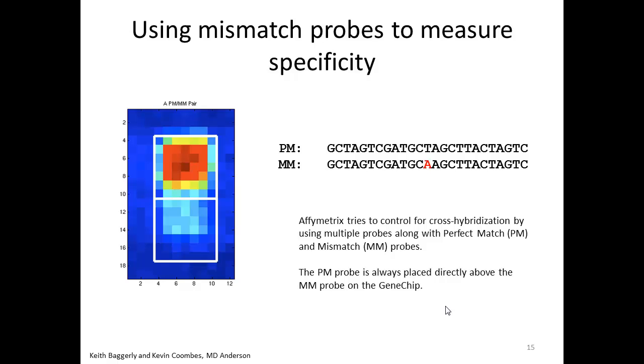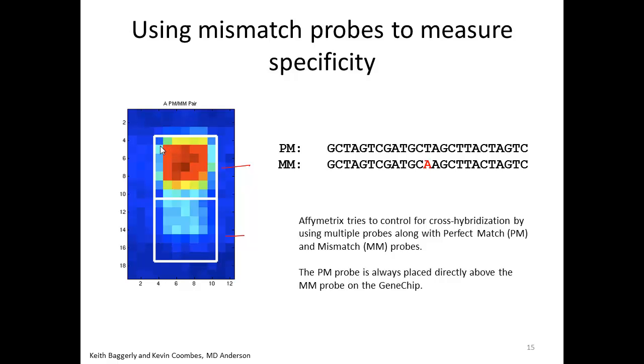hybridization event. And here's a blow-up of a perfect match and a mismatch feature. You can see the higher intensity for the perfect match. This is indicating that there's a high level of gene expression. There are different pixels here that the fluorescence imager has gotten from this feature, and a value will be assigned to this feature based on a certain algorithm.